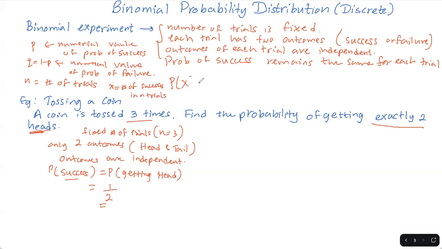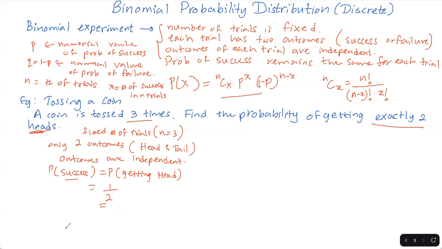We can calculate this as nCx, probability of success to the power X, times 1 minus p, which is failure, to the power n minus X. nCx is n choose X. We can write it as n factorial over n minus X factorial times X factorial. Using this formula, we can calculate all the probabilities of X's, right?